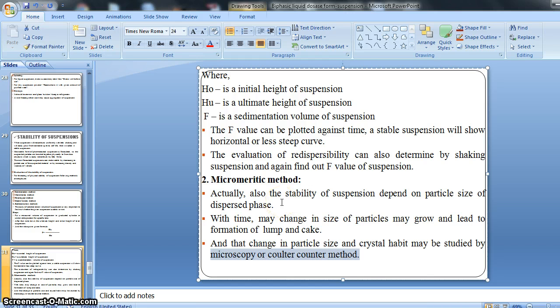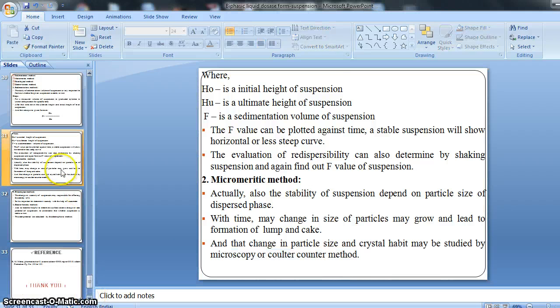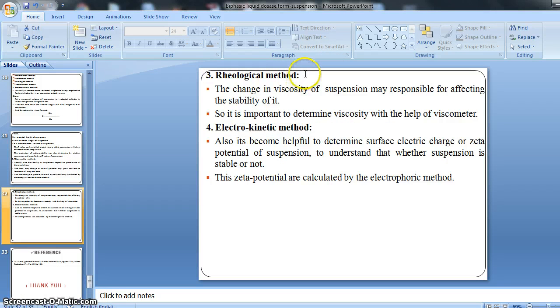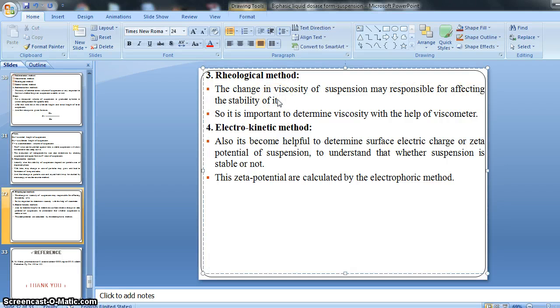Then our third one, that is the rheological method. The change in viscosity of a suspension may be responsible for affecting its stability. The viscosity of our vehicle or continuous phase also plays a very important role, meaning increasing or decreasing the viscosity.